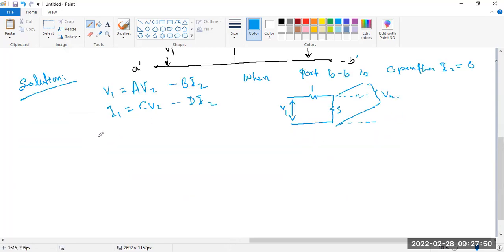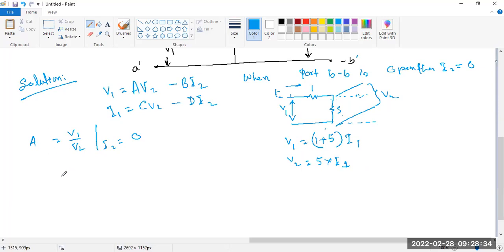So we know that A equal to V1 by V2 when I2 equal to 0. From this equation we can find that V1 equal to 1 plus 5 into this current, it is I1, and V2 is 5 into I1.